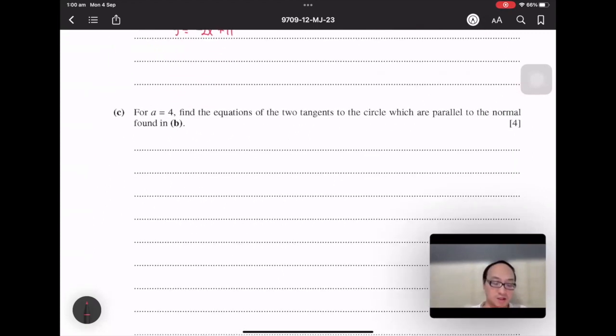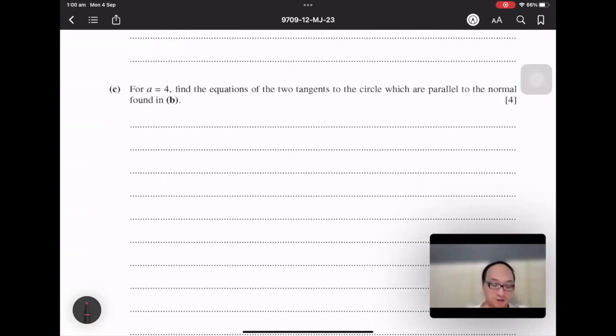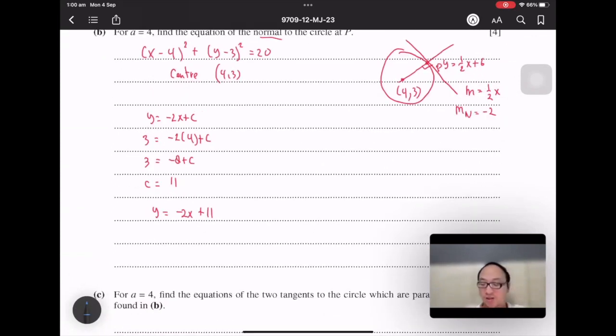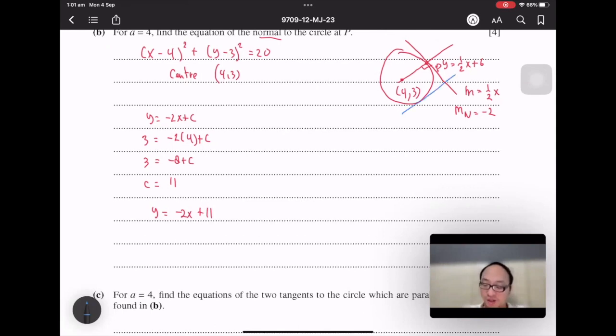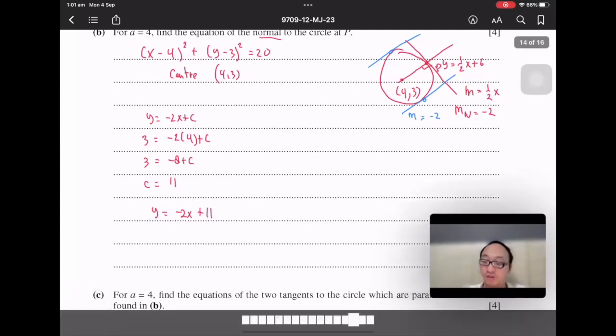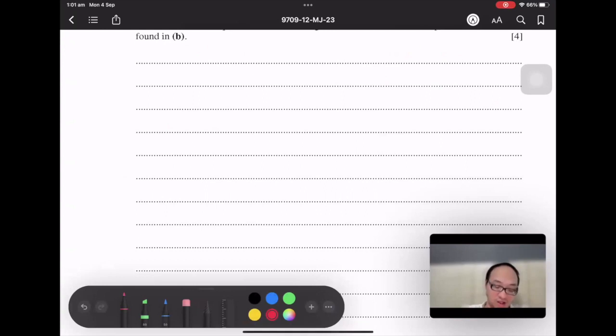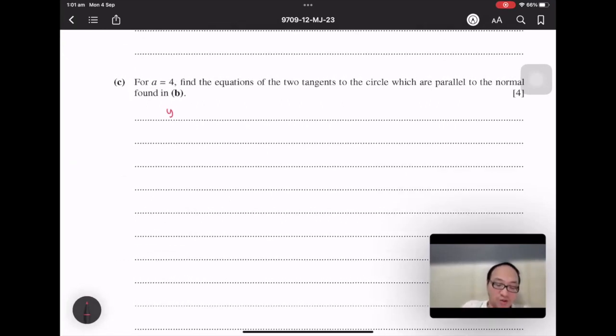Next, for a equals 4, find the equation of the two tangents of the circle which are parallel to the normal found in B. So for the tangents parallel to the normal, we have two tangents here and here. Yeah? So the gradient of the tangent should be equal to minus 2. So the equation of the tangent now is y equals minus 2x plus c.